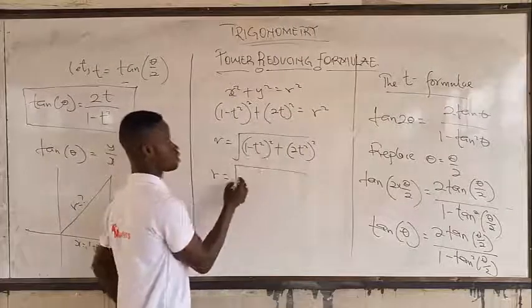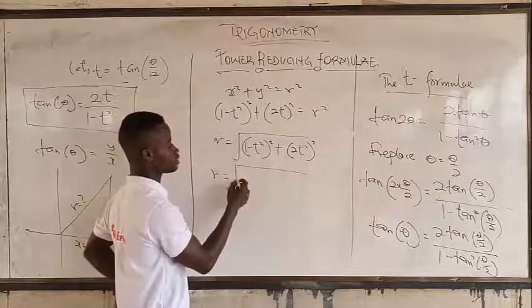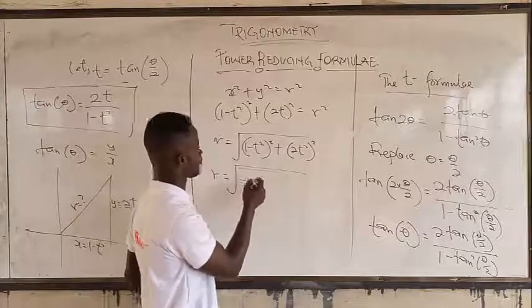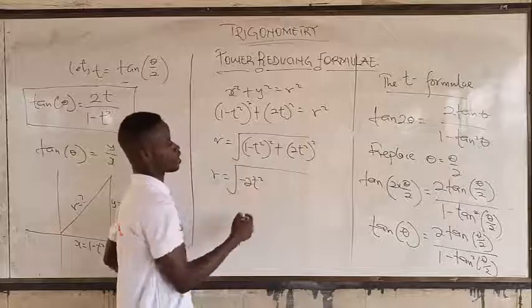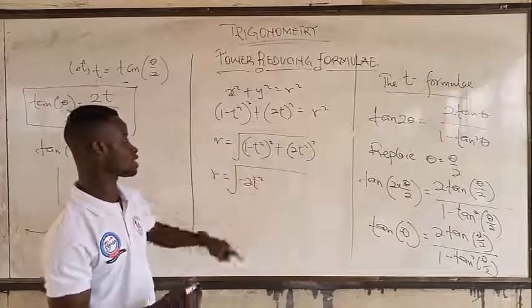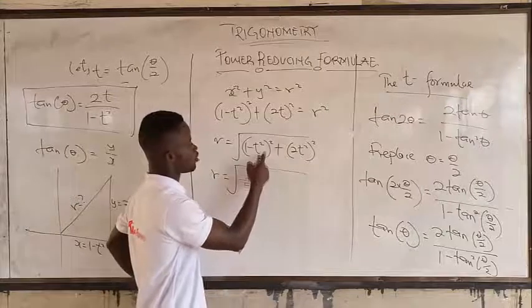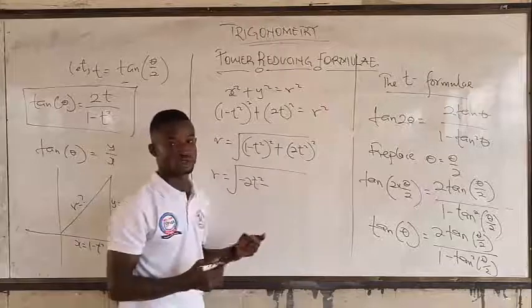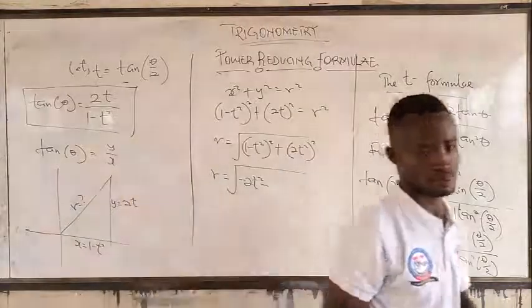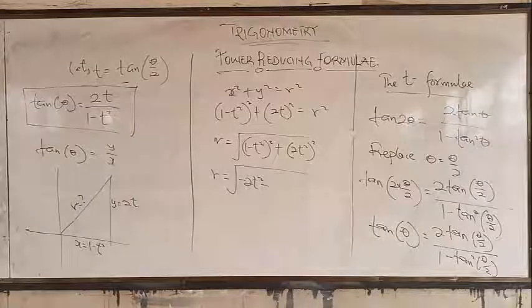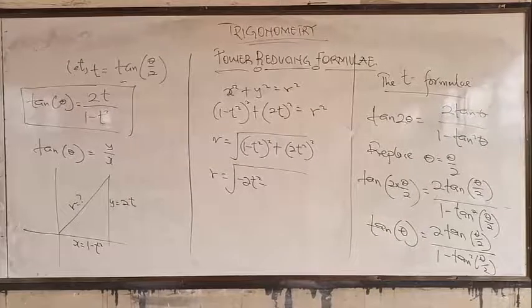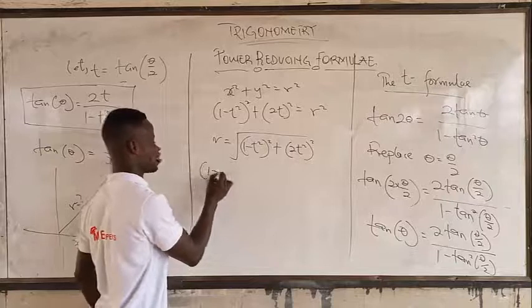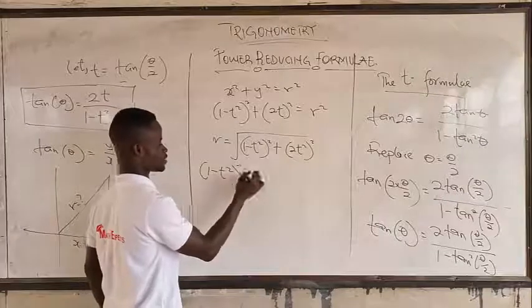We are going to get negative 2t squared, so let's simplify that part. 1 minus t squared, all squared. So this is 1 minus.